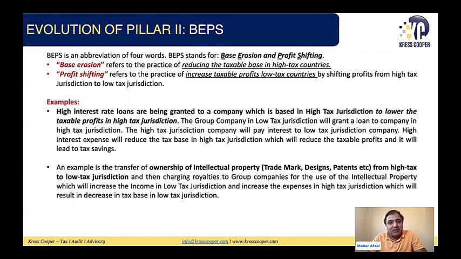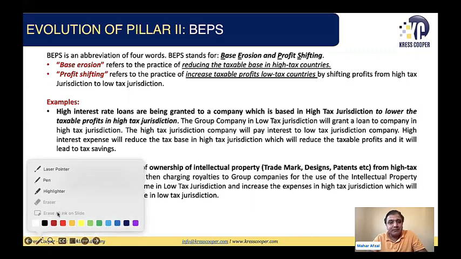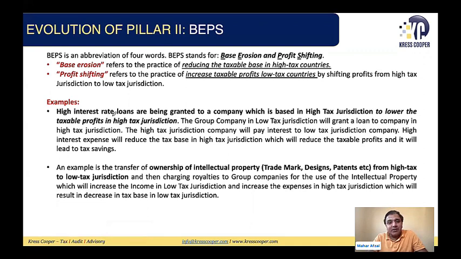Look at this example. This is a classical example of base erosion and profit shifting: how they are eroding the base, how they are shifting the profit. High interest rate loans are being granted to the company based in a high tax jurisdiction to lower the taxable profit there.